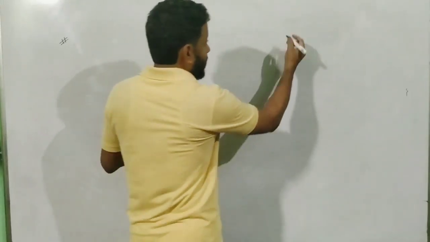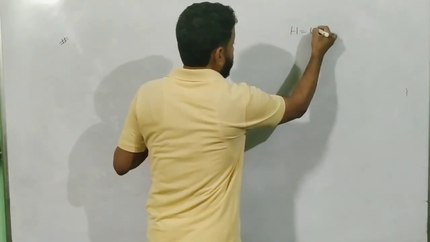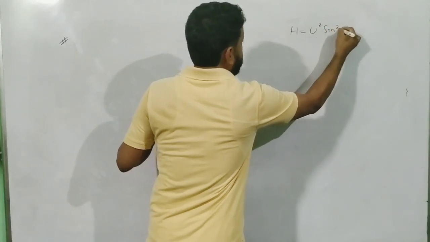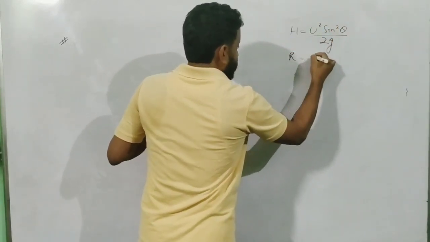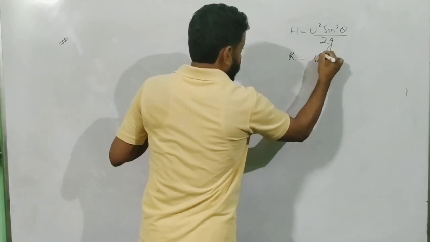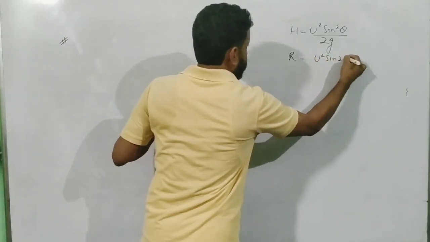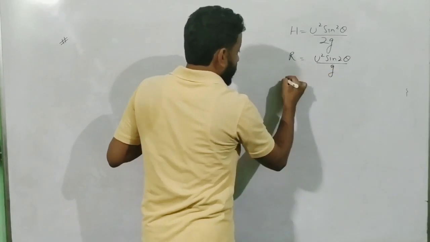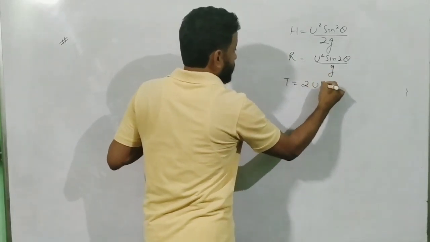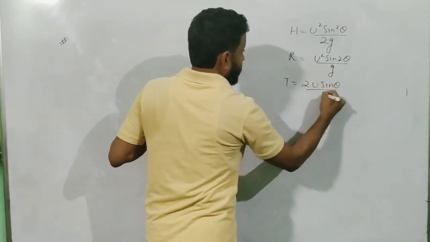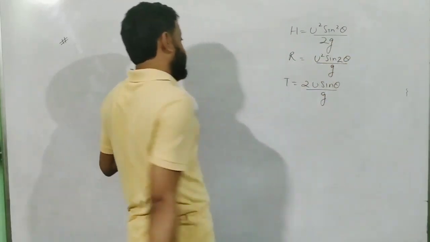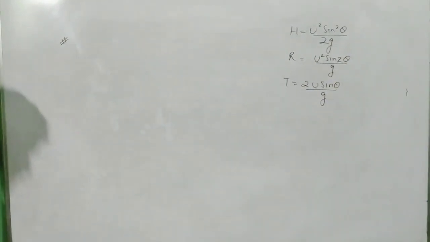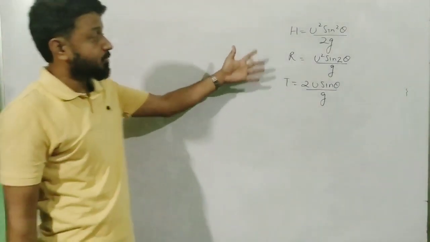I will just give you the formulas because it's so easy that you can do it with the same trick. R is equal to u square sine 2 theta divided by g, and time of flight is equal to 2u sine theta divided by g. These are the 3 formulas. This is 2 theta, not square. These are the formulas of maximum height attained, the range, and the time of flight.